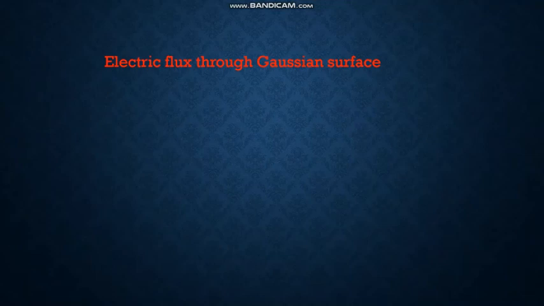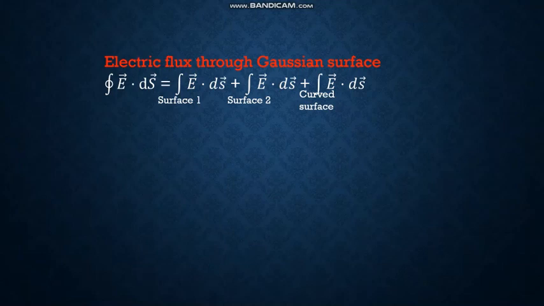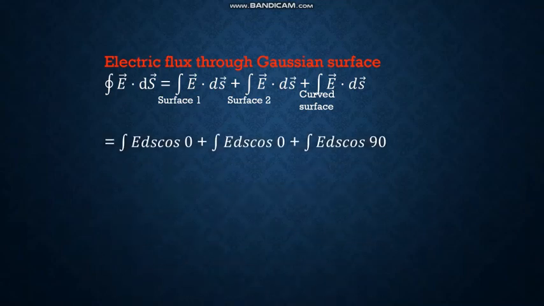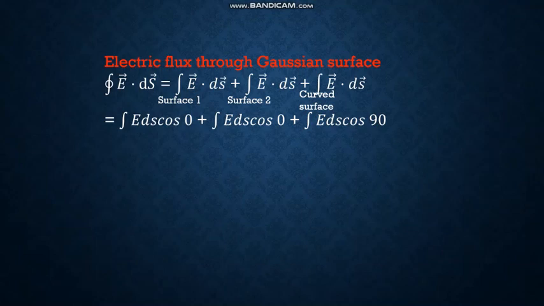Electric flux through the Gaussian surface, closed integral E dot ds, is equal to the electric flux due to surface 1 plus the electric flux through surface 2 plus the electric flux through the curved surface. For surface 1 and 2, theta is equal to 0 degrees, and for the curved surface theta is equal to 90 degrees. Also, the electric field is the same at every point on the cross section of the cylinder.